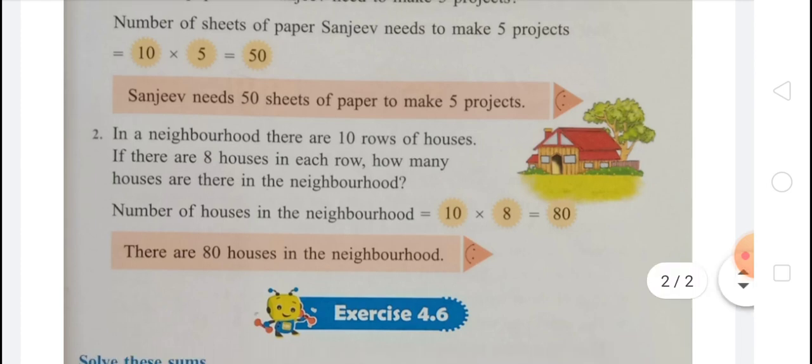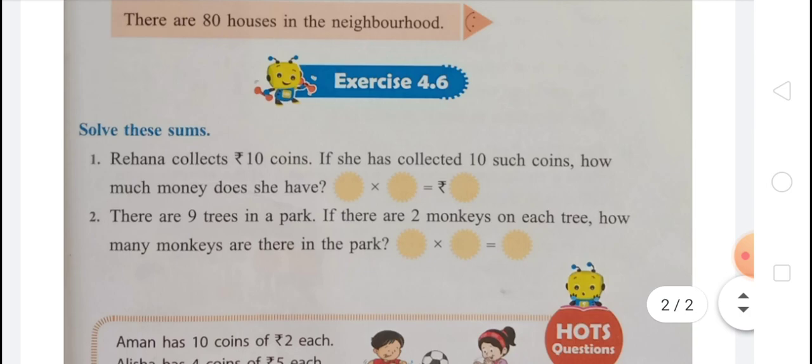Common exercise 4.6, Rehana collects. Solve these sums. First: Rehana collected rupees 10 coins. If she has collected 10 such coins, how much money does she have?